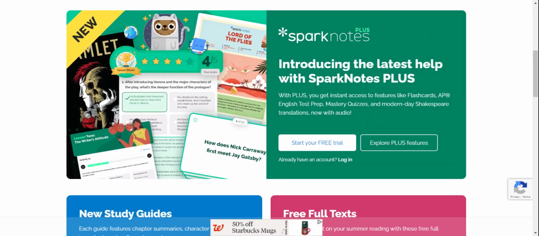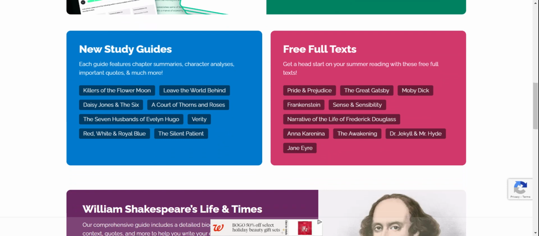Then you just see different suggestions of famous books. You can read the full text for free, which is just so awesome. Not everyone has the time to go to the library and find these things. Not everyone has the money to buy the text.